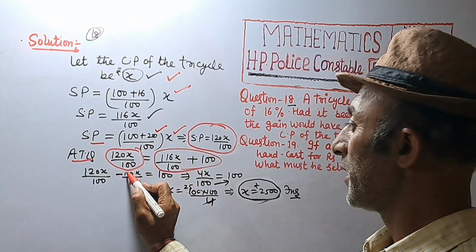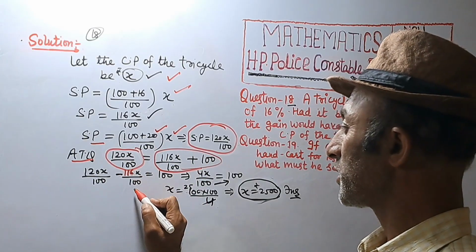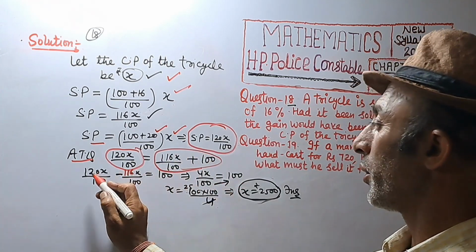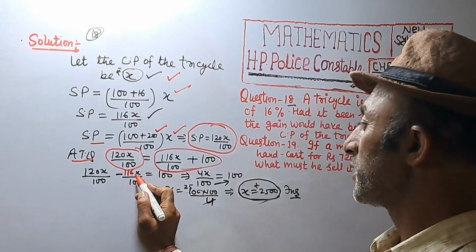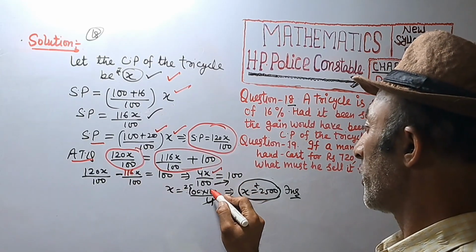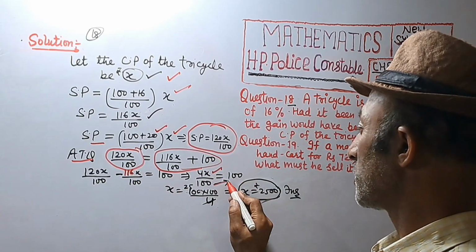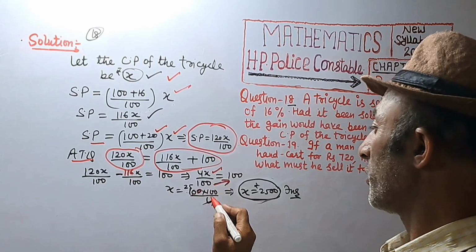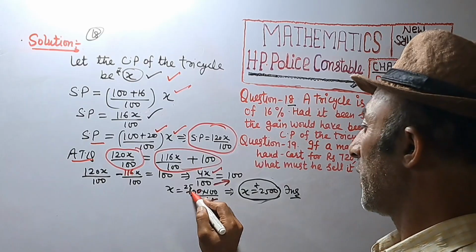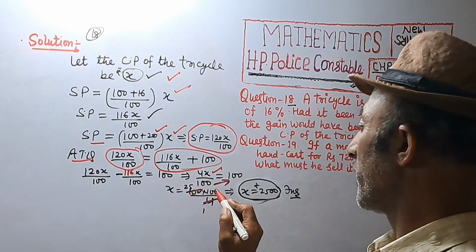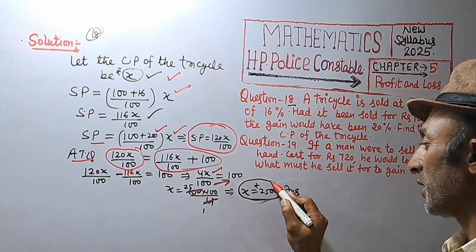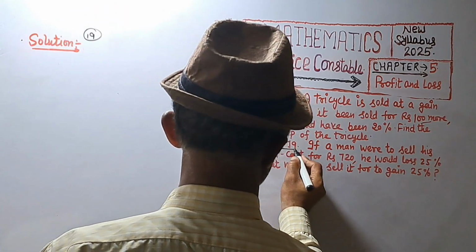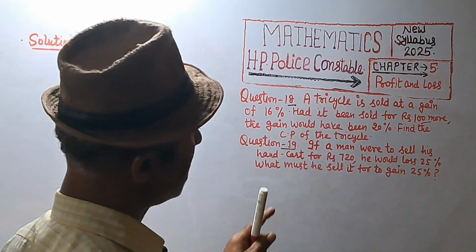Shifting to the left side, 116x upon 100 becomes negative, and LCM is 100. 120x minus 116x equal to 4x upon 100 is equal to 100. So cross multiplying, 100 into 100 divided by 4. 25 fours are 100, and 25 multiplied by 100 is equal to rupees 2500. Answer.